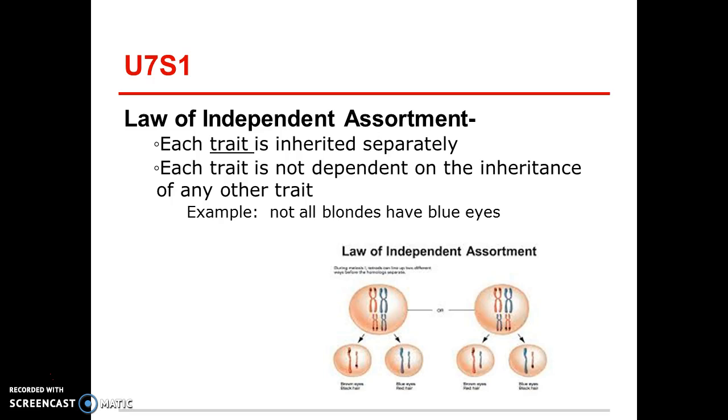For example, blonde and blue eyes, you're not going to be blonde and blue eyes always. Whatever chance you're going to be blonde is completely separated from whatever chance you're going to be blue-eyed, right? You're not going to be blonde and blue-eyed guaranteed. It just depends on how these two separate individual traits are going to be inherited.